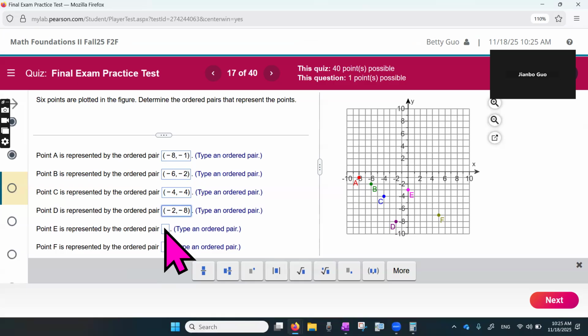Right. So E, 5, comma, negative 7. F, oh, my bad. That's F. E is 0, comma, negative 3.